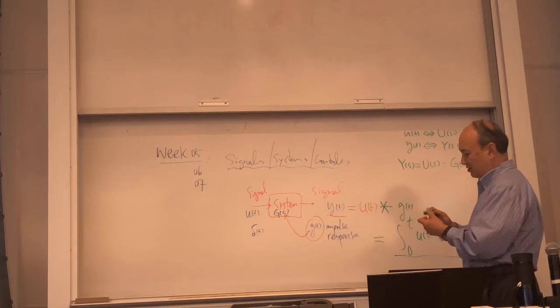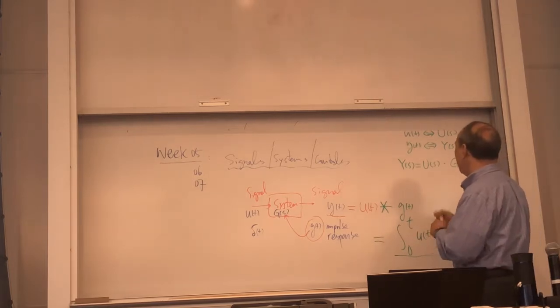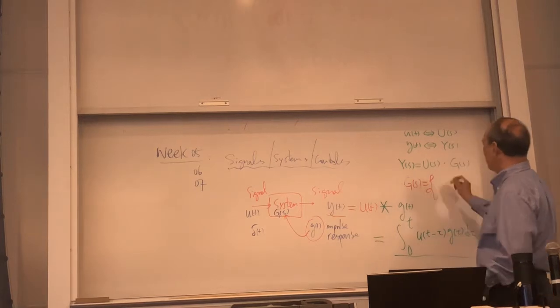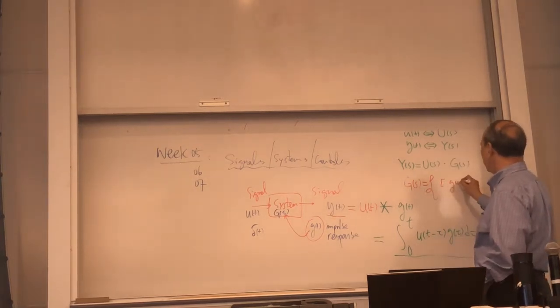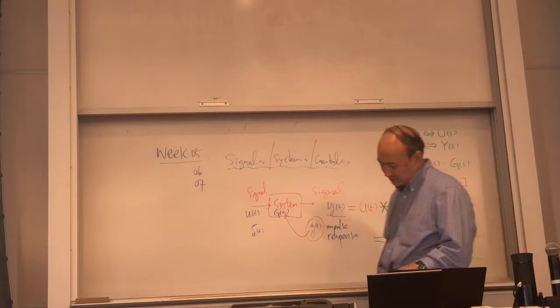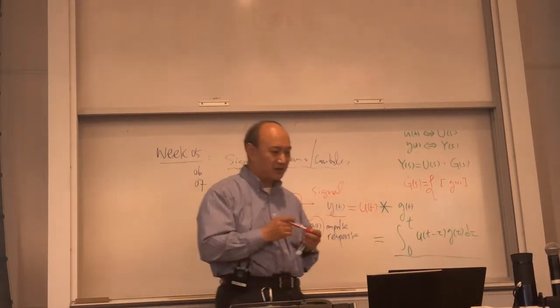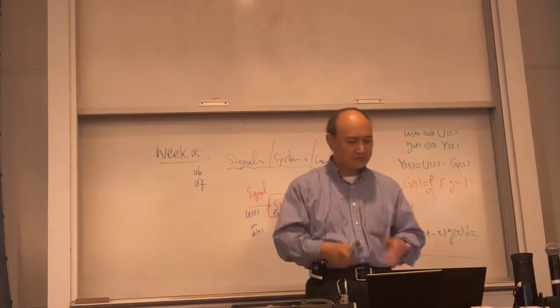G of s is called the transfer function, and G of s in here is nothing but the Laplace transform of G of t. Okay? So all these are kind of connected. I hope you understand that.